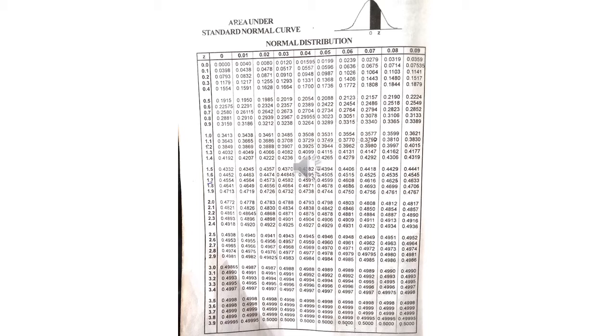Yes, only 2 digits have been given in the Z value. After that it is 2.43, so 43 means 0.03 you have to calculate. 0.03 is given in the top columns. I think it is in the 4th column. Now you meet at the point of intersection of the row and column.